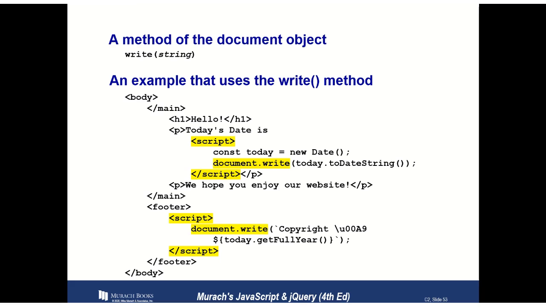Although not shown here, you can also include HTML elements within the parentheses of the write method. So you can use document.write that way, and it will be written on your DOM object, so on your website, your HTML page.